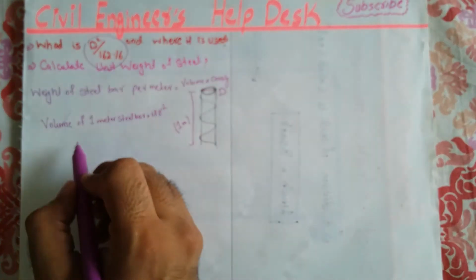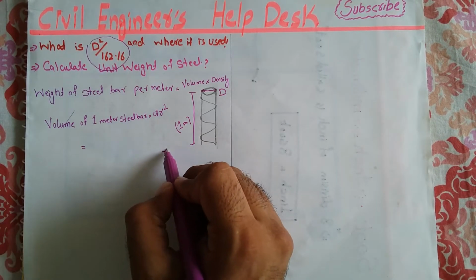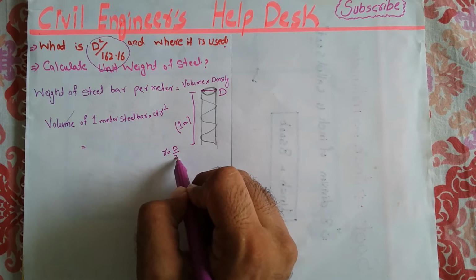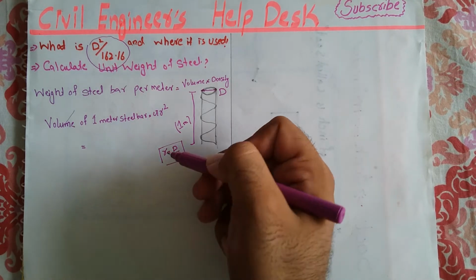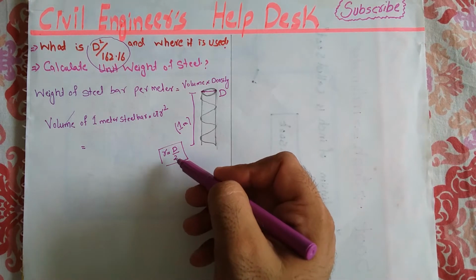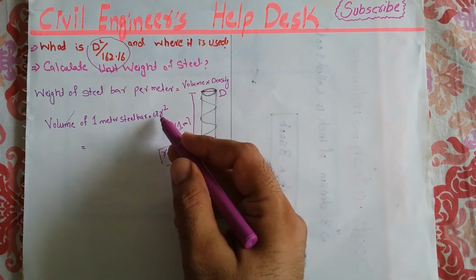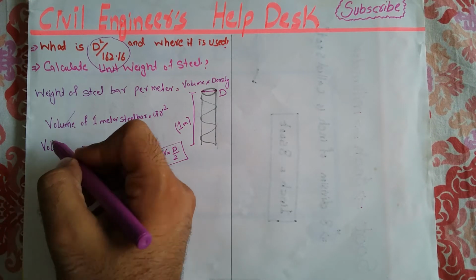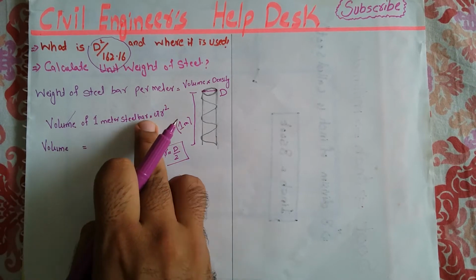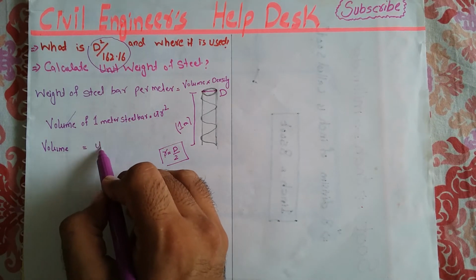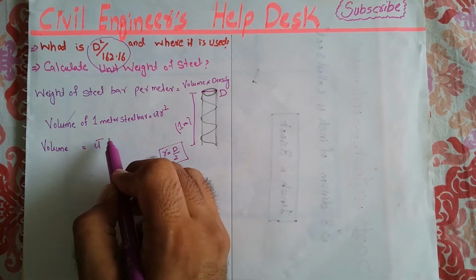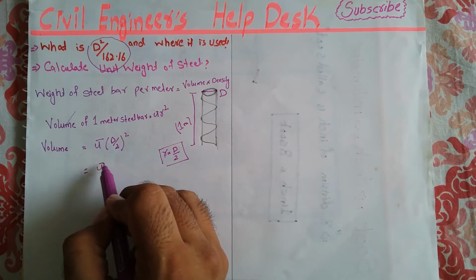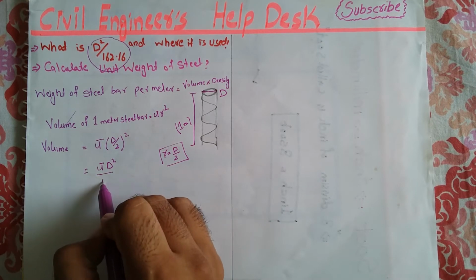But viewers, we know that r, which is known as radius, is equal to diameter divided by 2. We learn in very primary classes that radius is equal to diameter divided by 2. We put this value in this formula, so volume, meaning volume of 1 meter of steel bar, is equal to pi r square, which is pi times d divided by 2, whole square. So after solving it will become pi d square divided by 4.